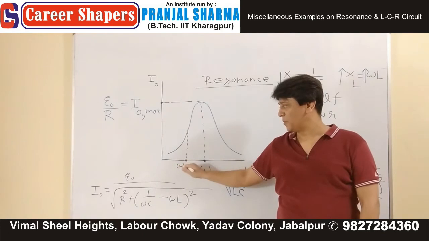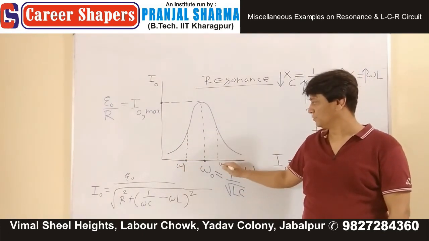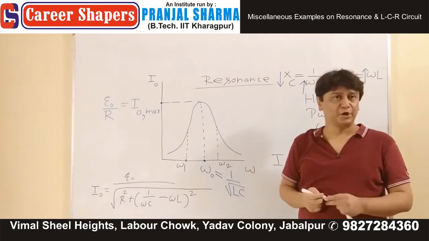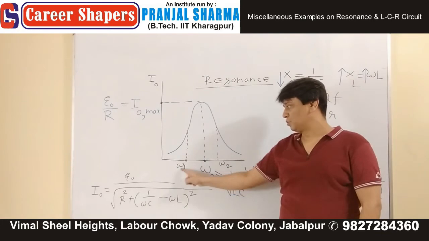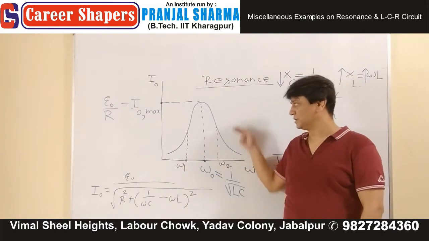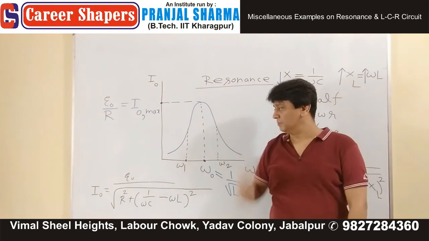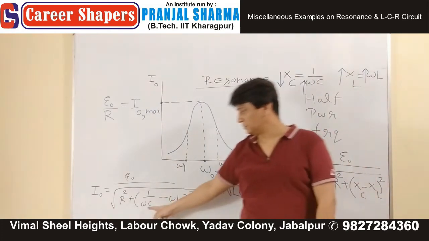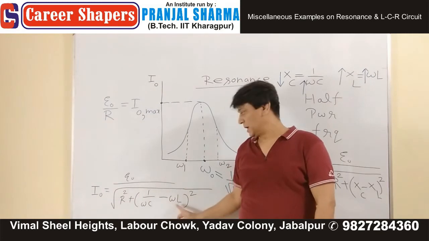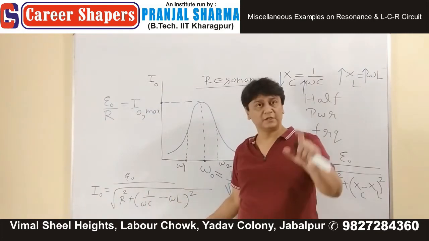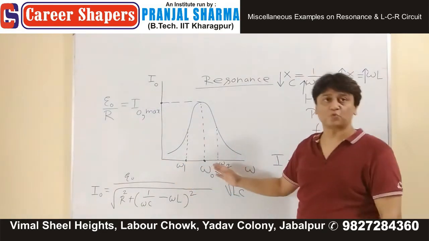This is some omega 1, this is some omega 2, which is telling you what? In this graph, for two different frequencies, you will get the same current. As you increase omega, this portion Xc minus XL is initially positive, and then it becomes what?